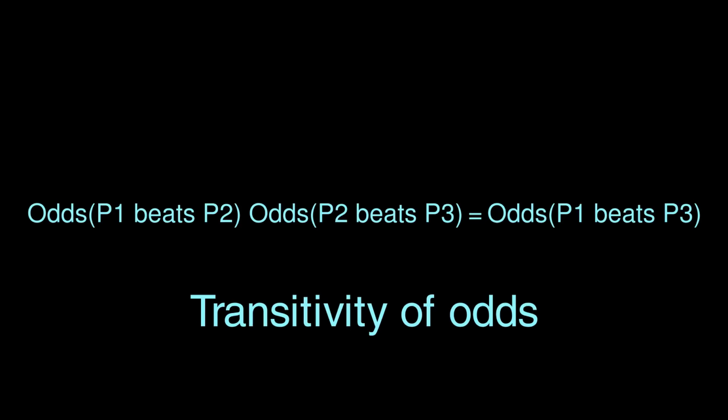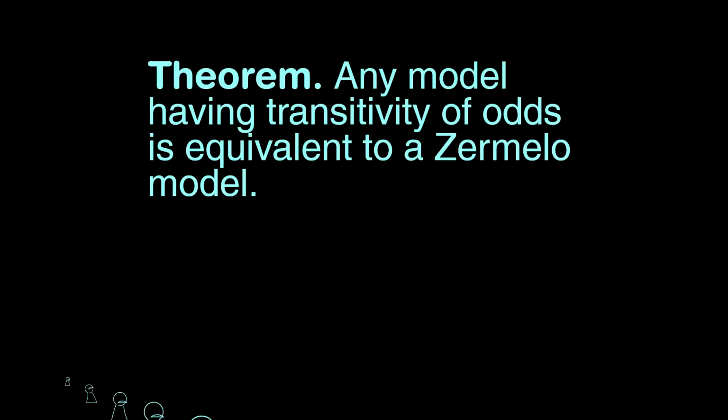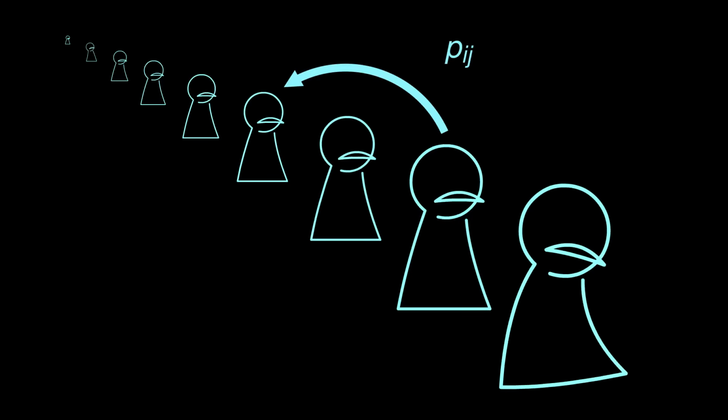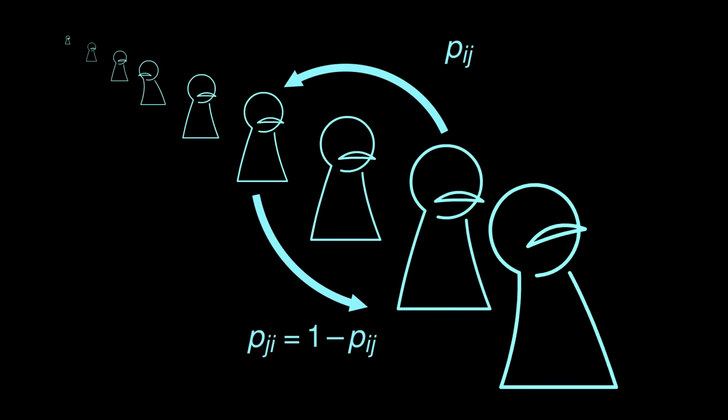We can go further than this and show the converse. Any model with the transitivity of odds property must be equivalent to Zermelo's model. By model, we just mean some assignment of a probability P_ij to each pair of players i and j, the probability that player i beats player j in some game, with, of course, the extra requirement that P_ji equals 1 minus P_ij.